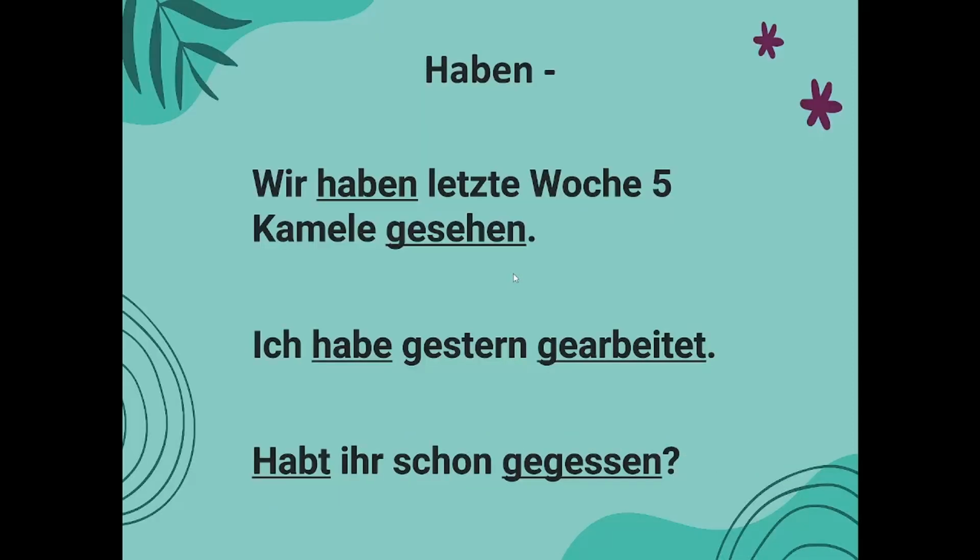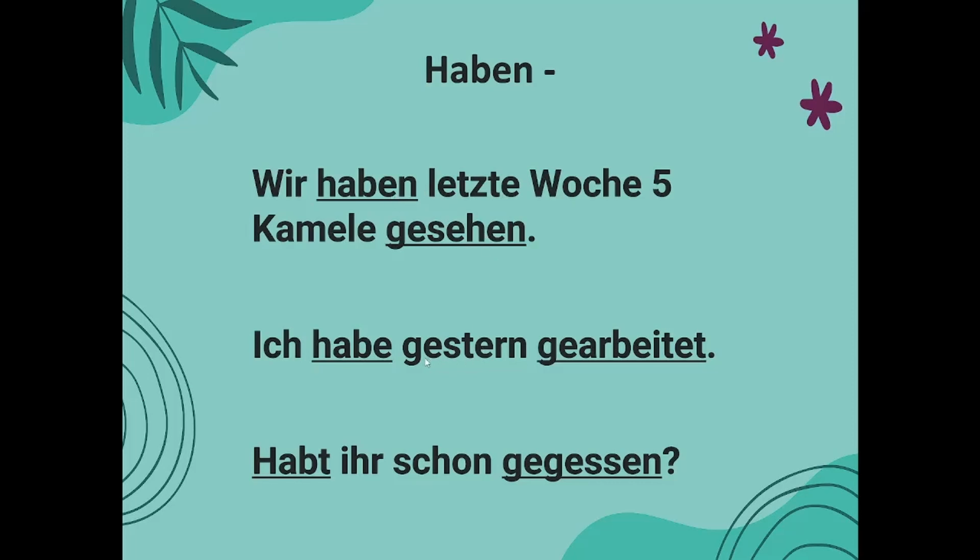So let's see a few examples for haben. Wir haben letzte Woche 5 Kamele gesehen. So here sehen is the verb, like we saw. When you use the verb see, seeing, there is no change of location and there is no change of state. So haben will be used.